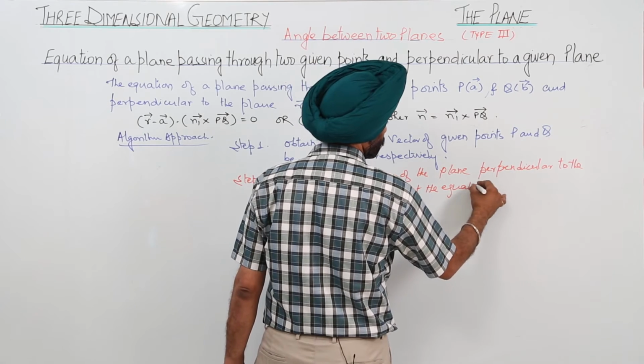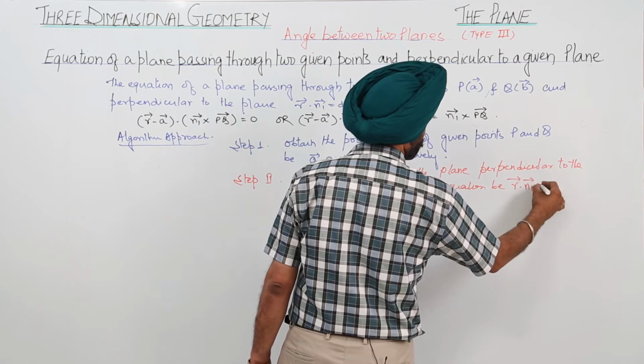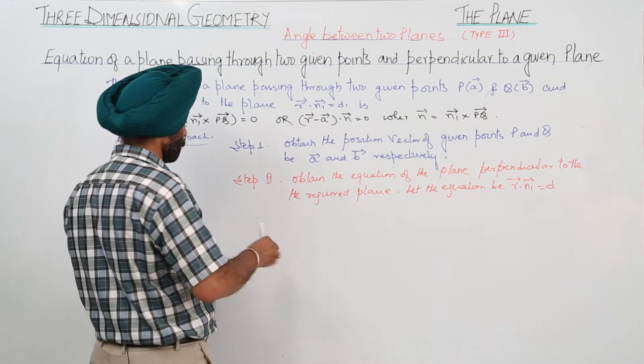Let the equation be vector r dot vector n1 is equal to d.